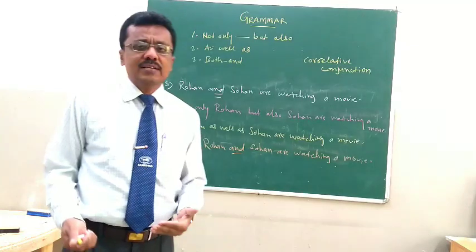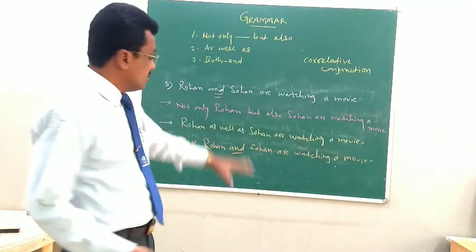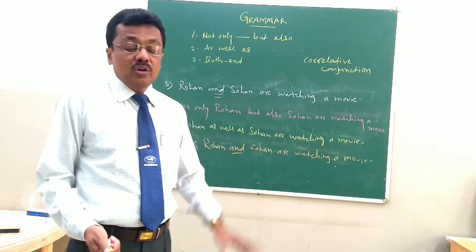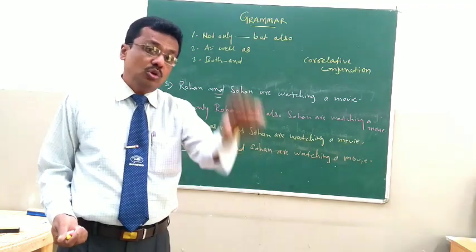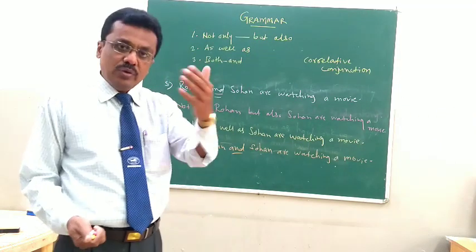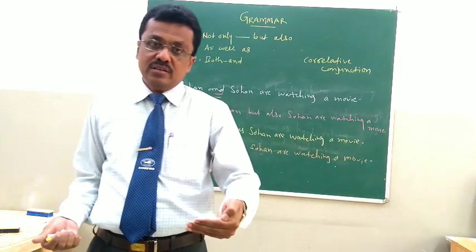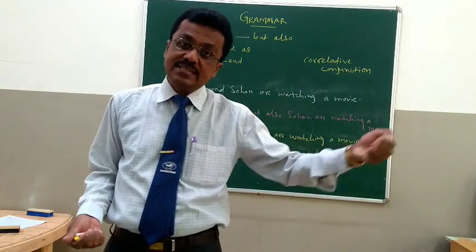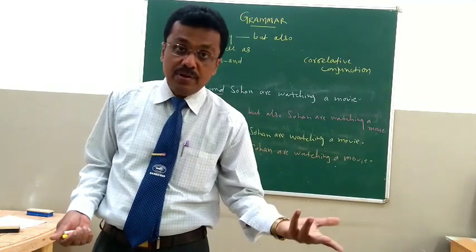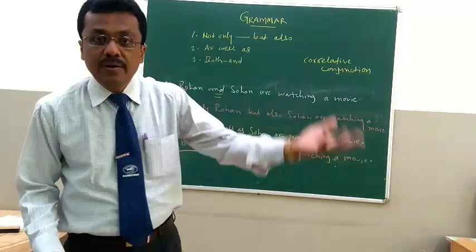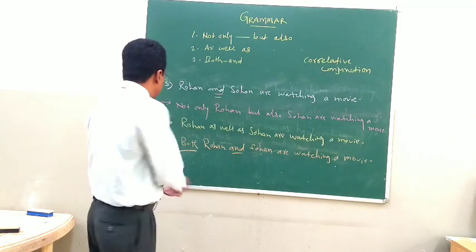All the variety of sentences I am taking for your practice, because this is very important from the point of view of examination, how an example can be set in your question paper. Question papers are set-wise: Set A, set B, set C, set D. In set A, a different structure of example, set B may be a different structure, set C may be a different structure. So set-wise you have to prepare for these examples.